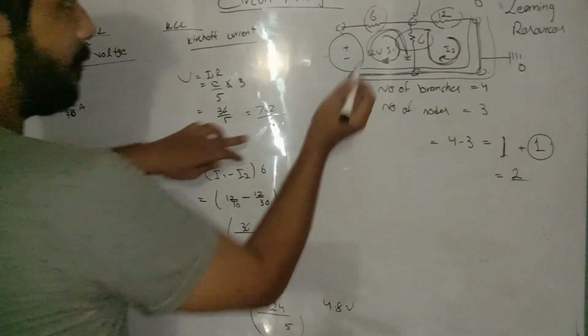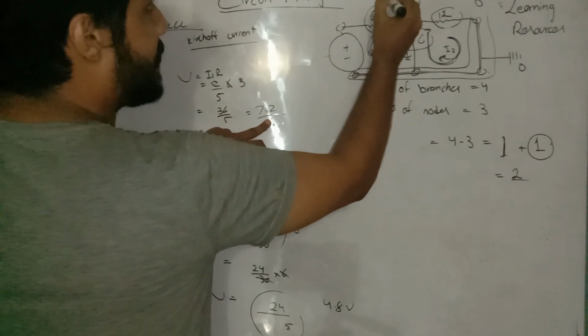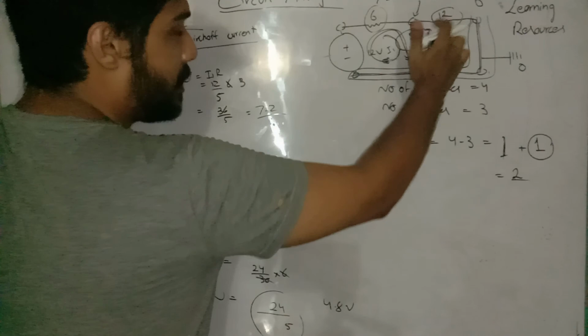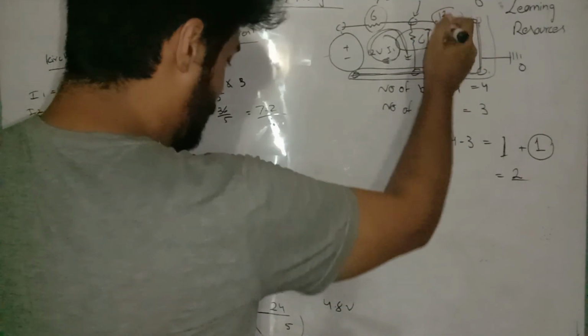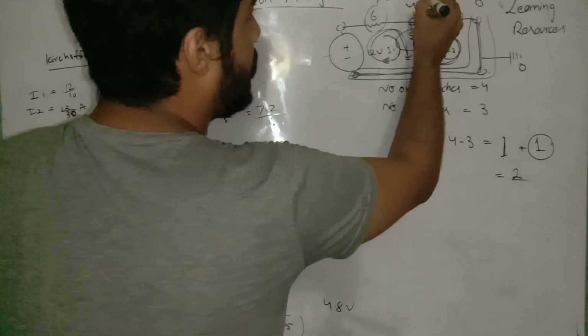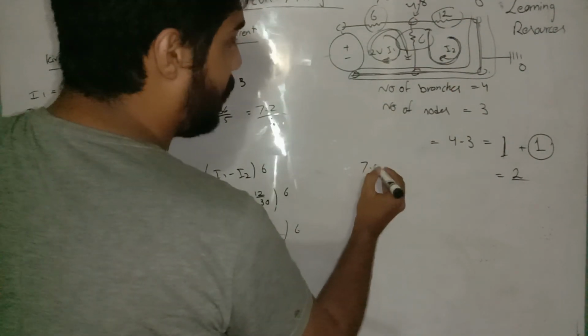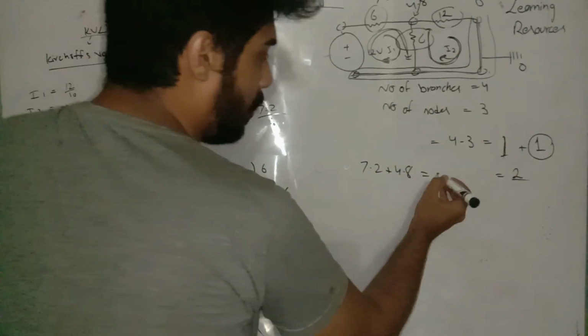So if we calculate the voltage drop at this point, it is 7.2, and the voltage drop at this point, these two branches, the voltage here is 4.8. So after adding these two voltages, 7.2 plus 4.8, we will get a total of 12 volts.